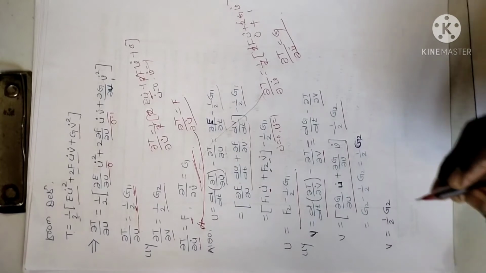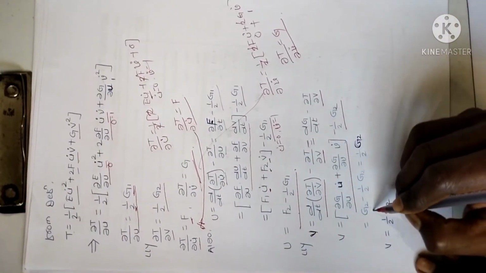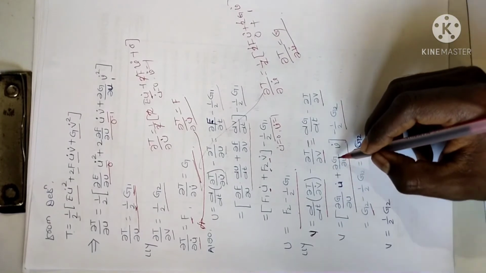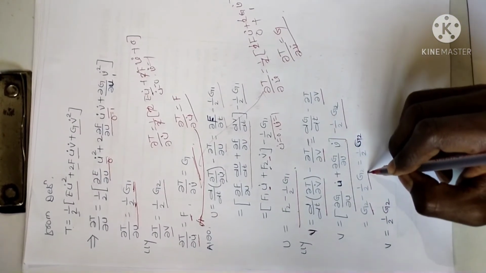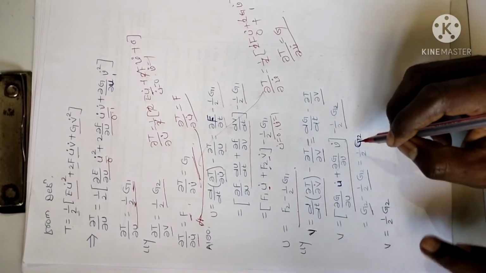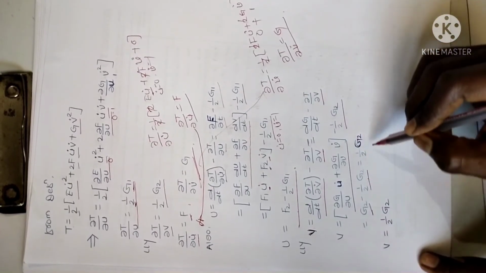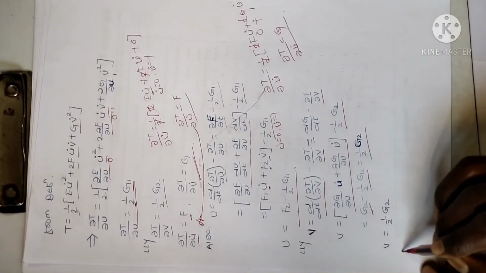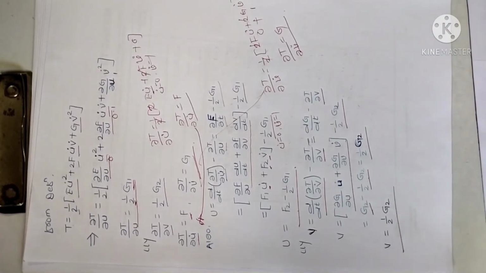Then again the value of ∂G/∂u is capital G2, minus half of G2, which is equal to half of capital G2. Then the value of capital V is half of G2.